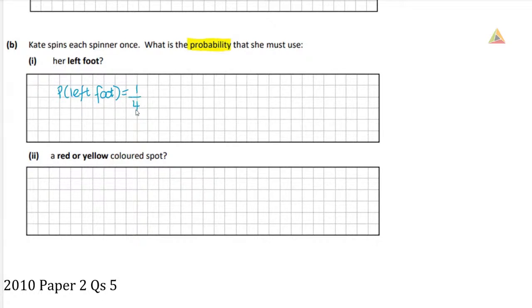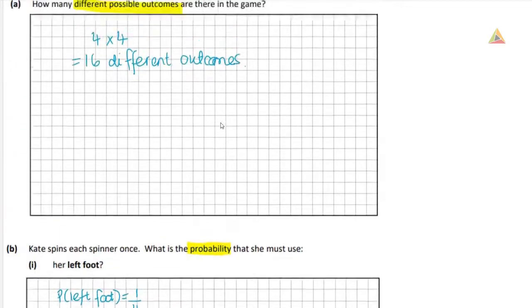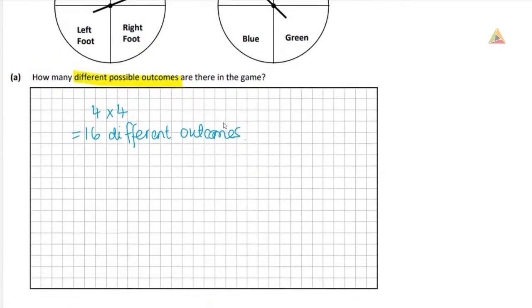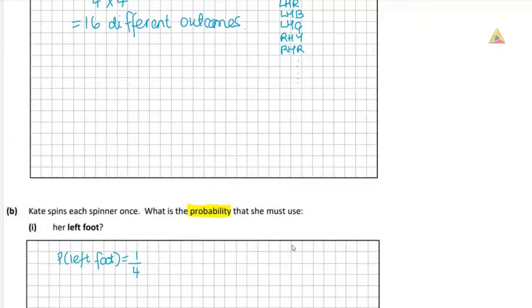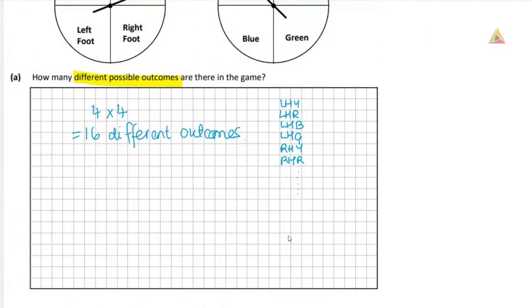Now, we could also look at all the possibilities that we have up here, but we didn't list them all. If we had listed them, we would have had left hand yellow, left hand red, left hand blue, left hand green, right hand yellow, right hand red, and so on, and we would have 16 of them. The question asks, what's the probability that she needs to use her left foot?